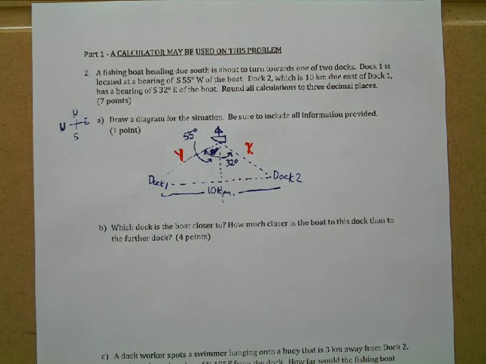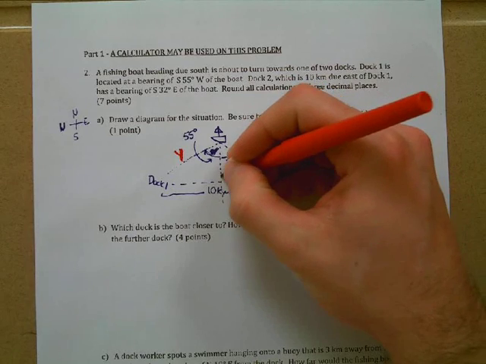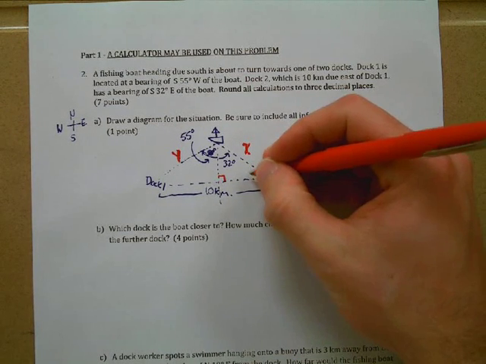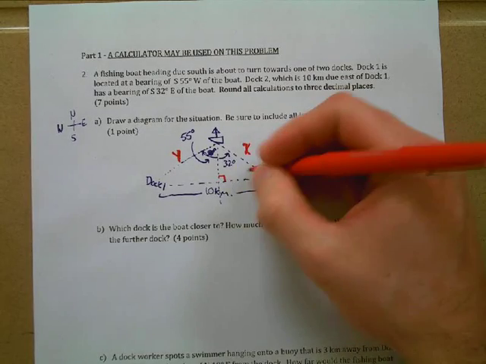180 minus 90 minus 32. We now know that dock 2, the angle with that due east or due west line, depending on which orientation you're talking about here, that's going to be a 58-degree angle there. Okay. Likewise, the 180 minus this 90-degree angle here minus the 55-degree angle, that yields 35 degrees right there. Okay.